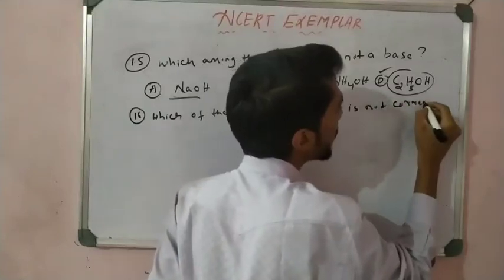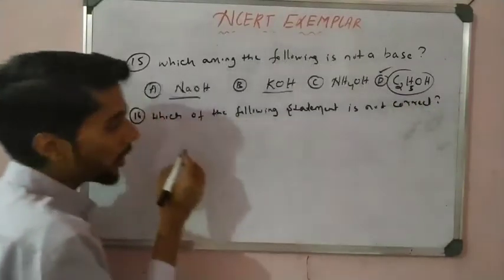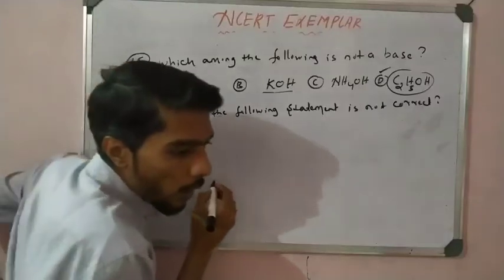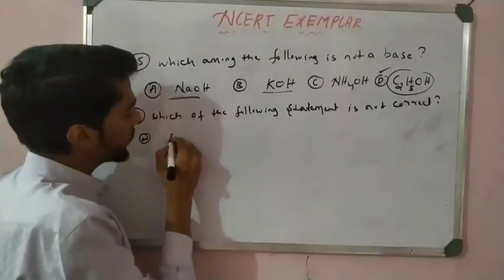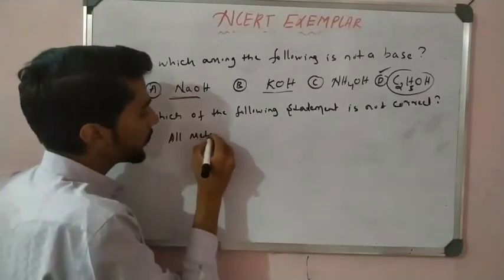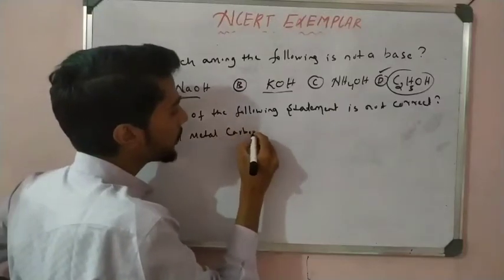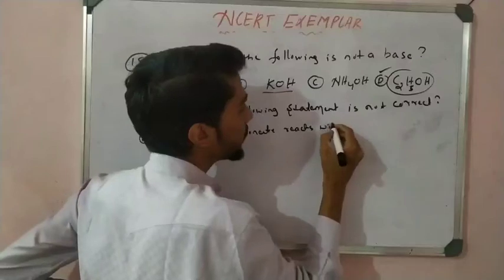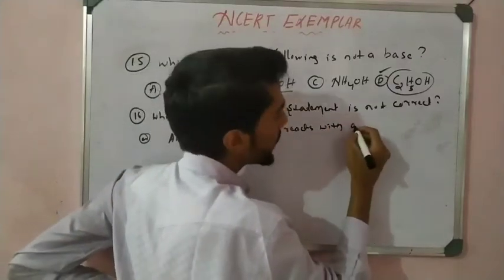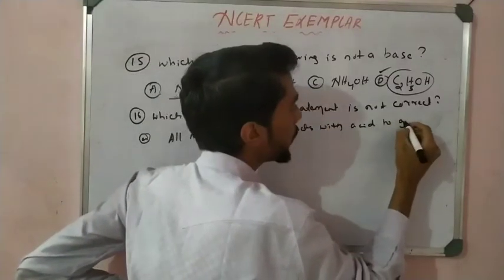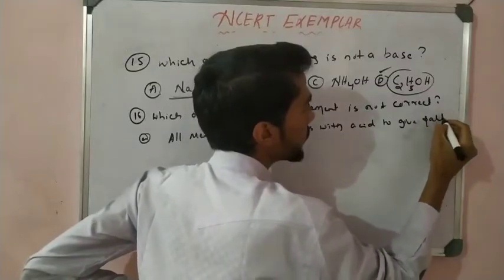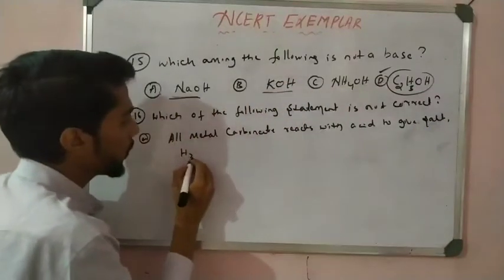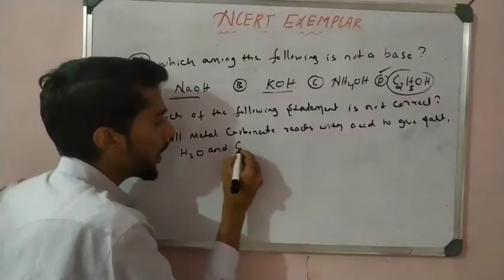Option A, all metal carbonates react with acid to give salt, water and carbon dioxide gas.